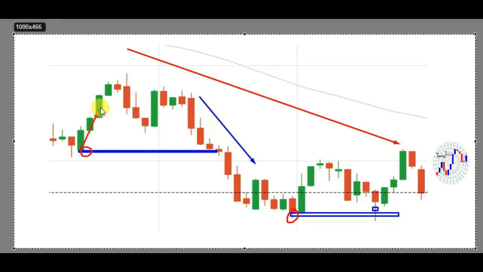We know it's a strong buyer's entry, as from here we can see 4 buyers' candles. So normally we should expect a buyer's entry from this level when the market reaches these levels. And if you observe, the sellers were strong, then the sellers become weaker, more and more weaker.